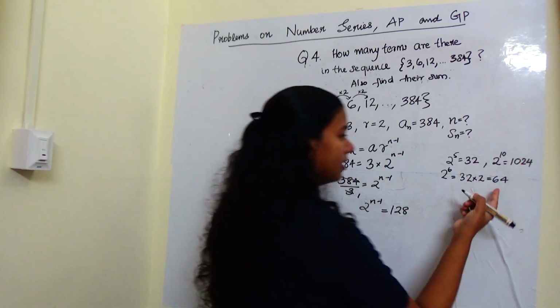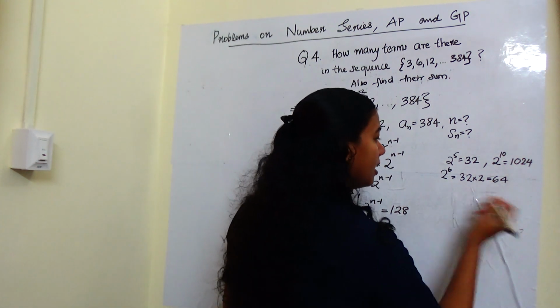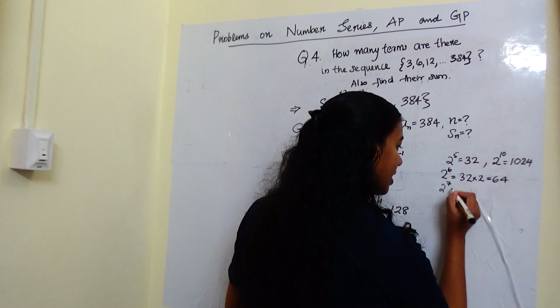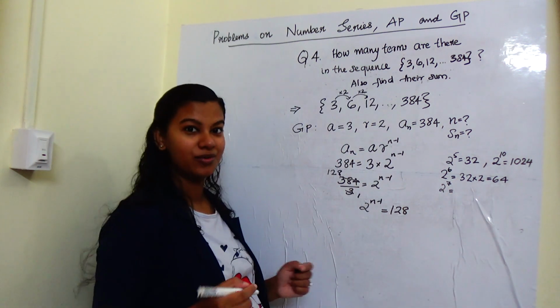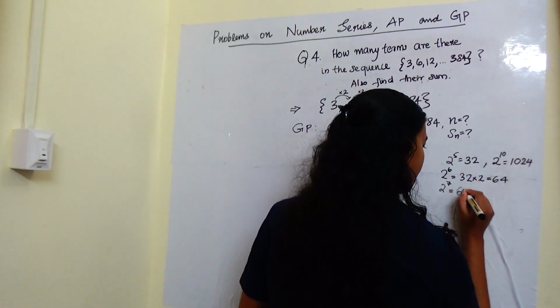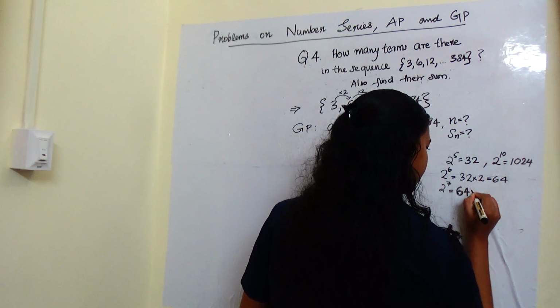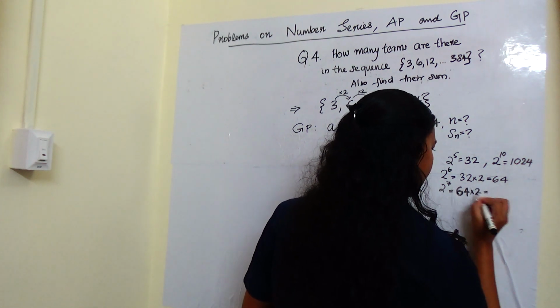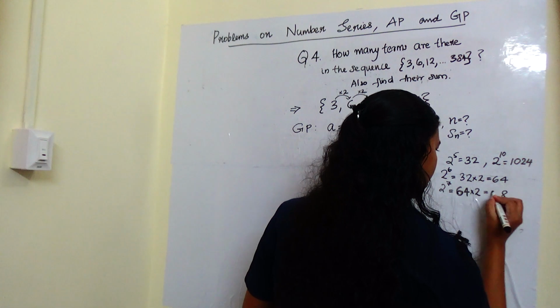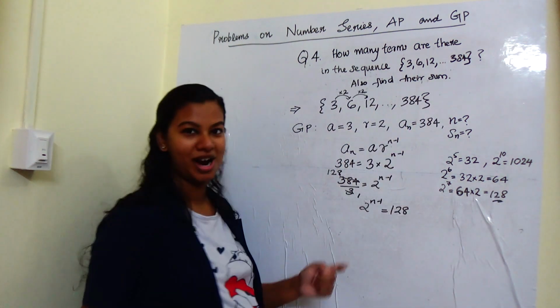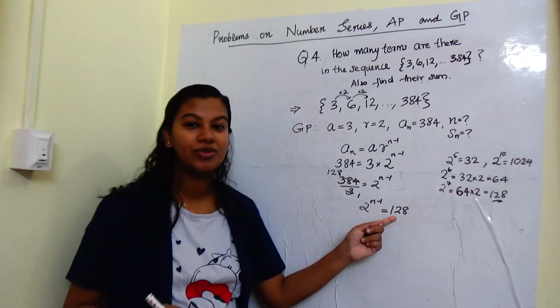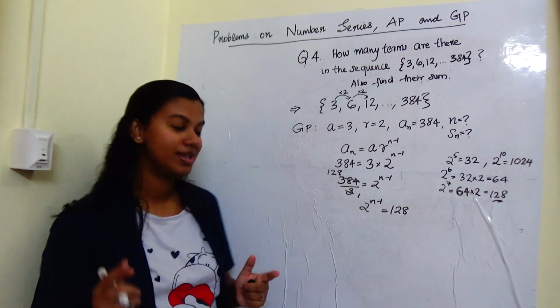Then it is not equal to 128. I'll try the next number, that is 2 raised to 7, which is 64 into 2. I get 128. So the value here is 2 raised to 7.